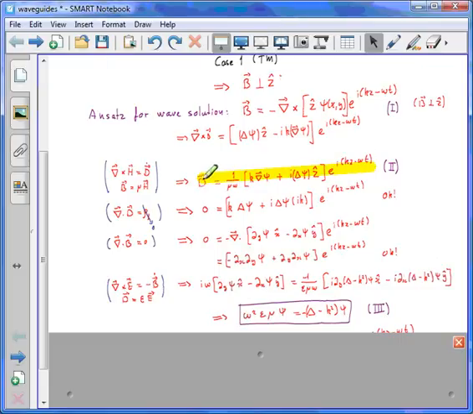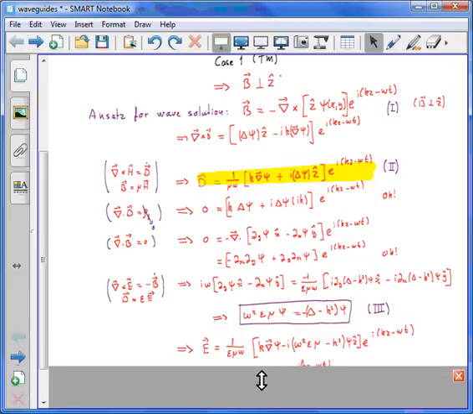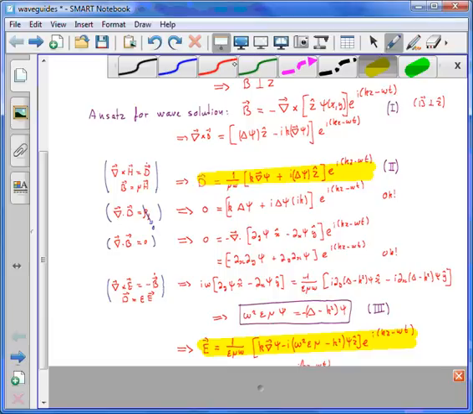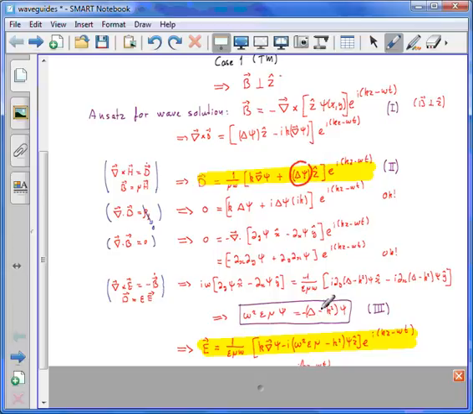So using this expression for the displacement field, we can also write an expression for the electric field, where we simply have replaced this operator, the Laplacian of psi, which is basically here and here.